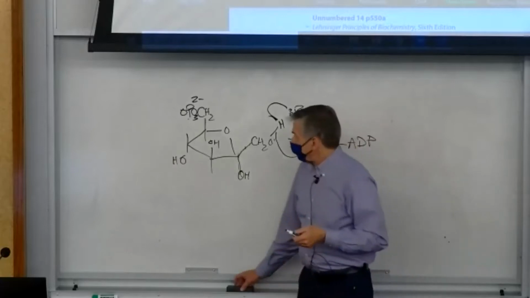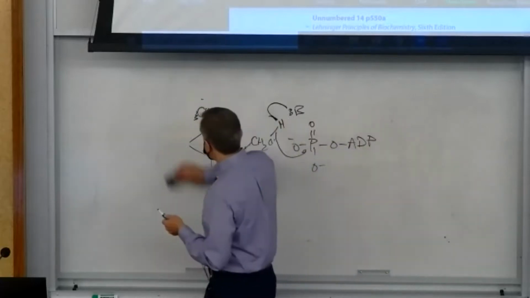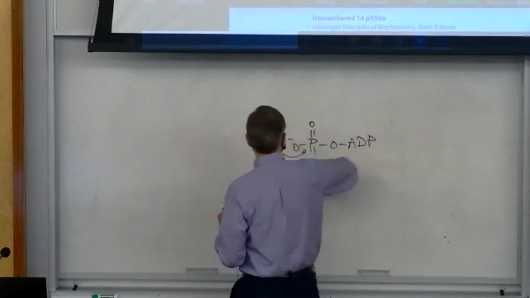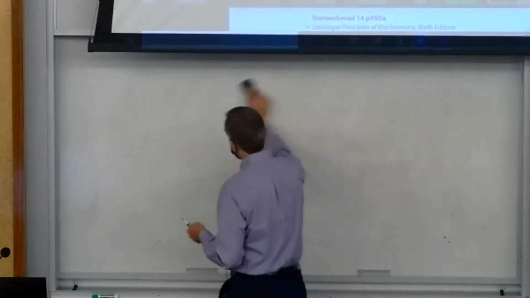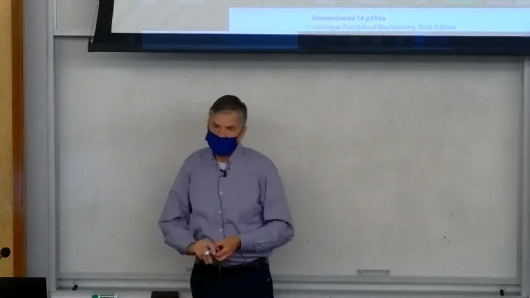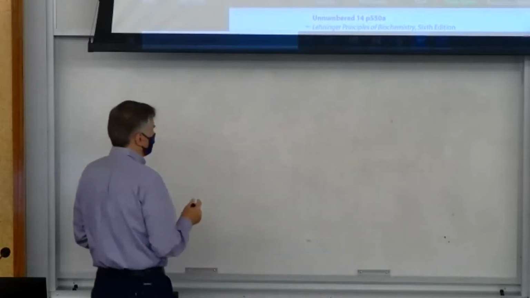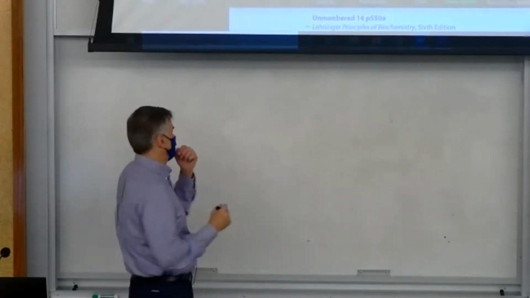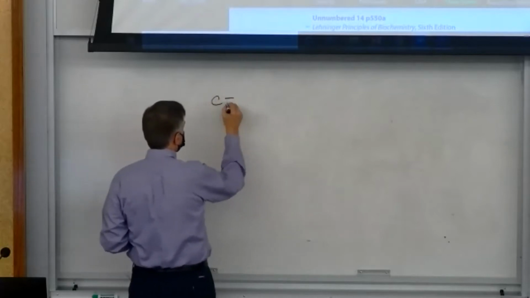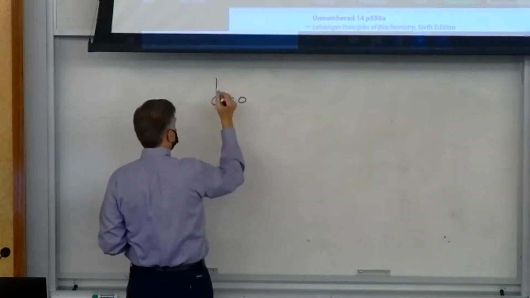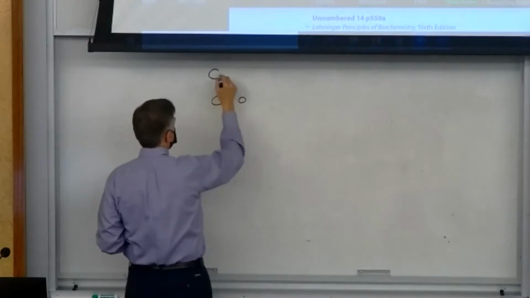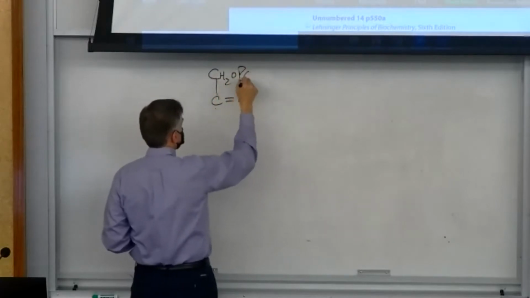Okay. Let me move on then to aldolase. Aldolase has an alpha-beta barrel. It exists as a dimer. And it has the ability to open up our fructose 1,6-bisphosphate.